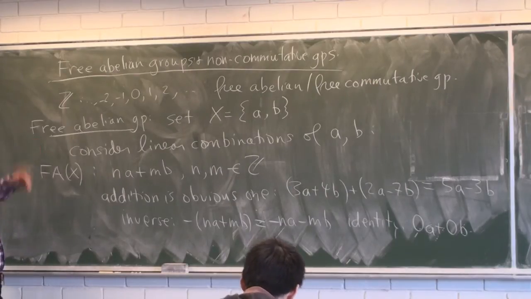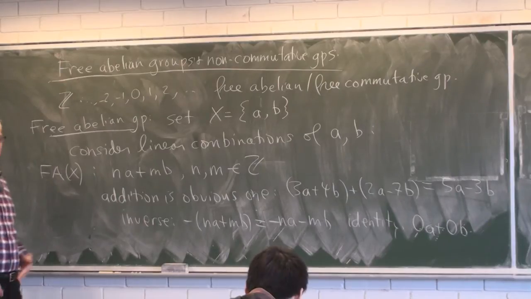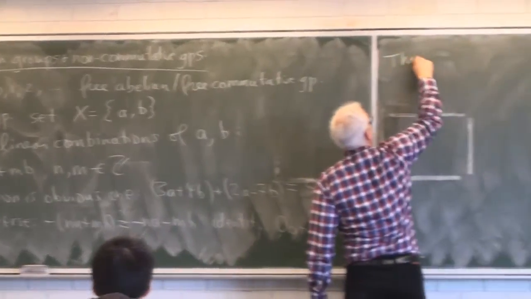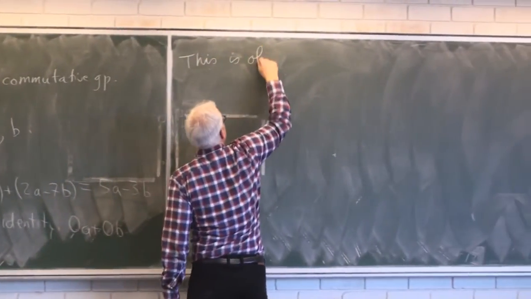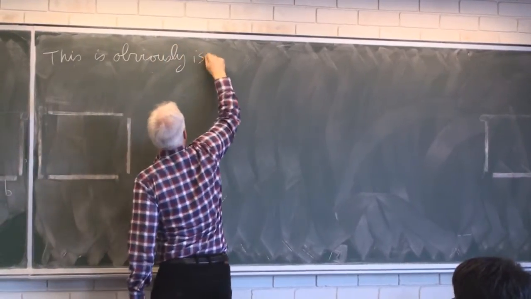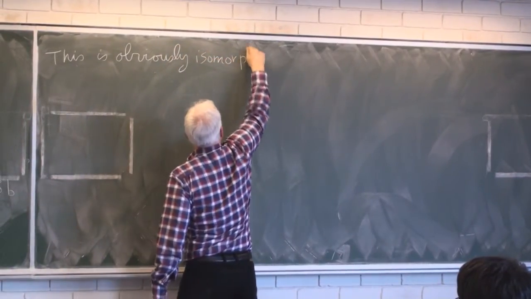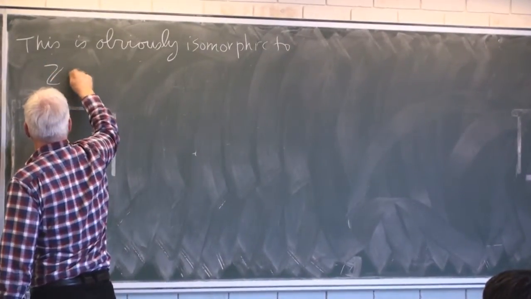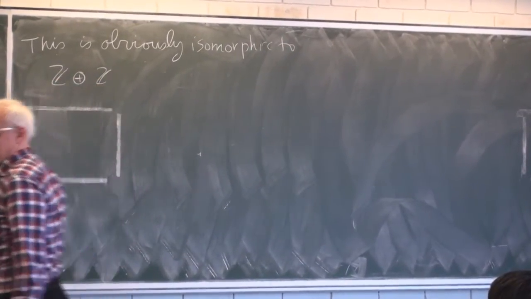All right, this particular free abelian group is reasonably obviously isomorphic to the direct sum of the integers with the integers.